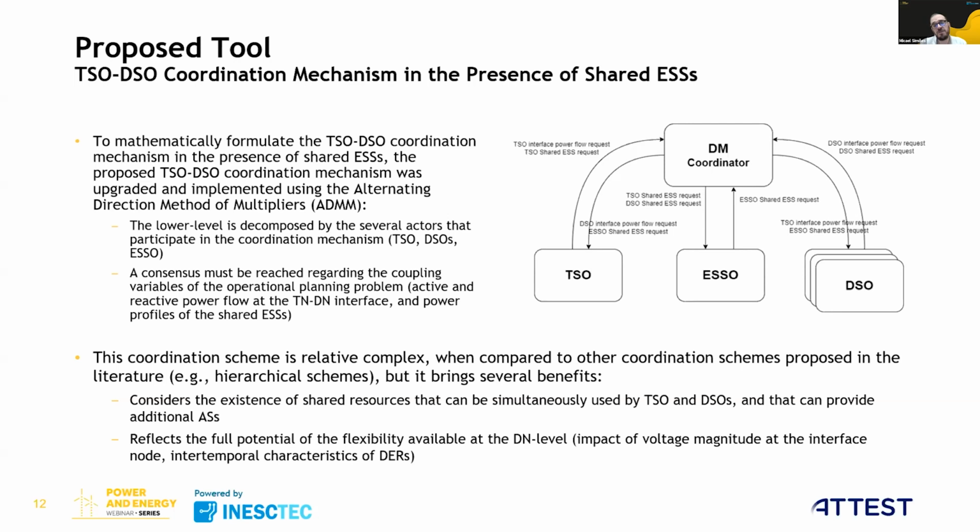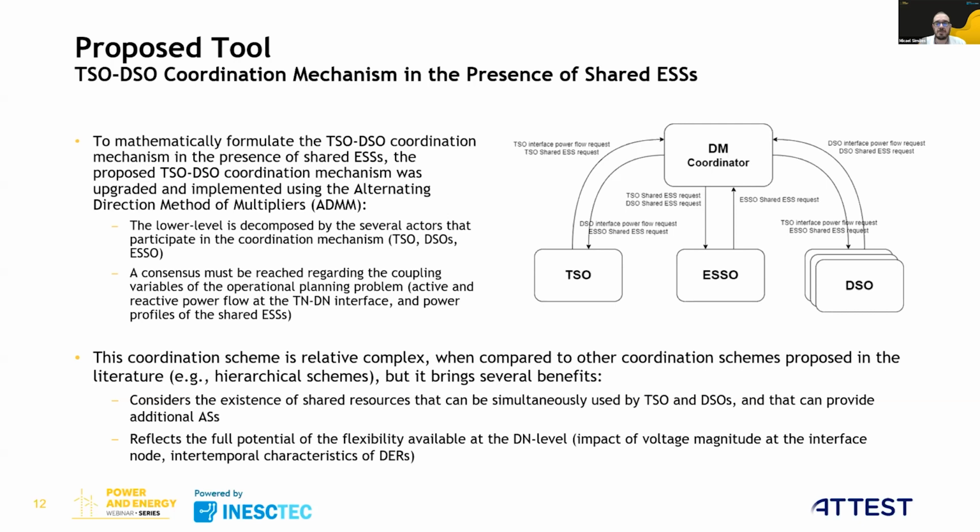And second, it reflects the full potential of the flexibility that is available at the DN level. This is because it considers the intertemporal constraints of the distributed energy resources, such as energy storage systems.